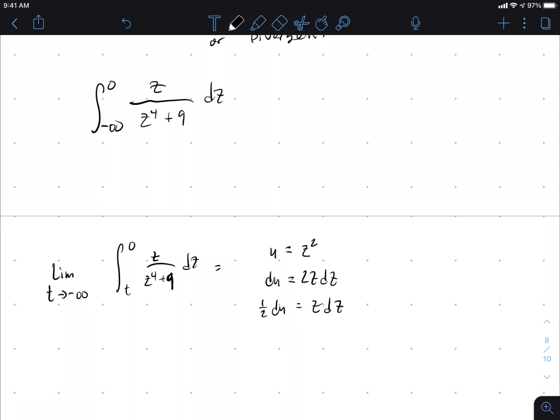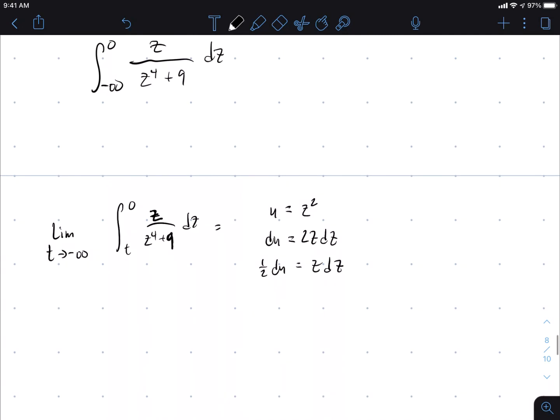Are we using t or z? Oh, I'm doing a u sub first. I'm setting this up so that I can do something, and you'll see in a second. Let me just do the integral piece. I'm going to get 1/2 the integral.